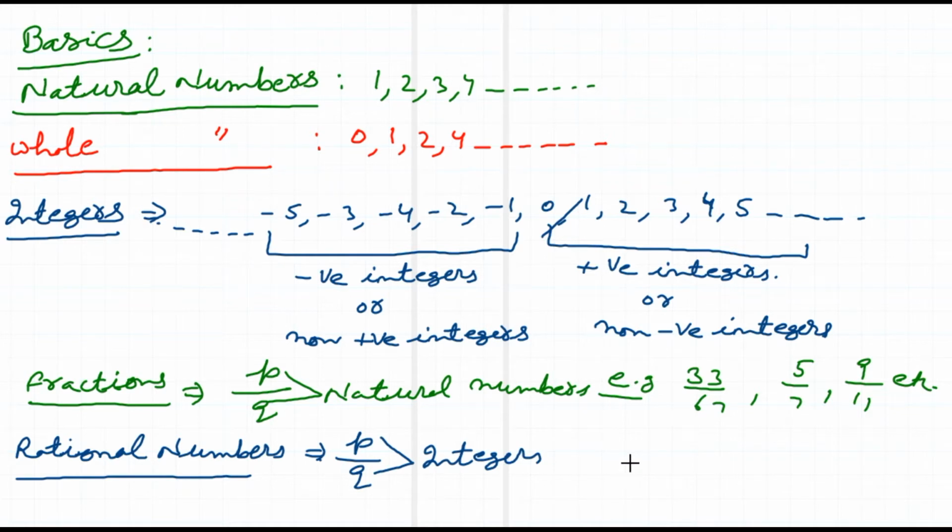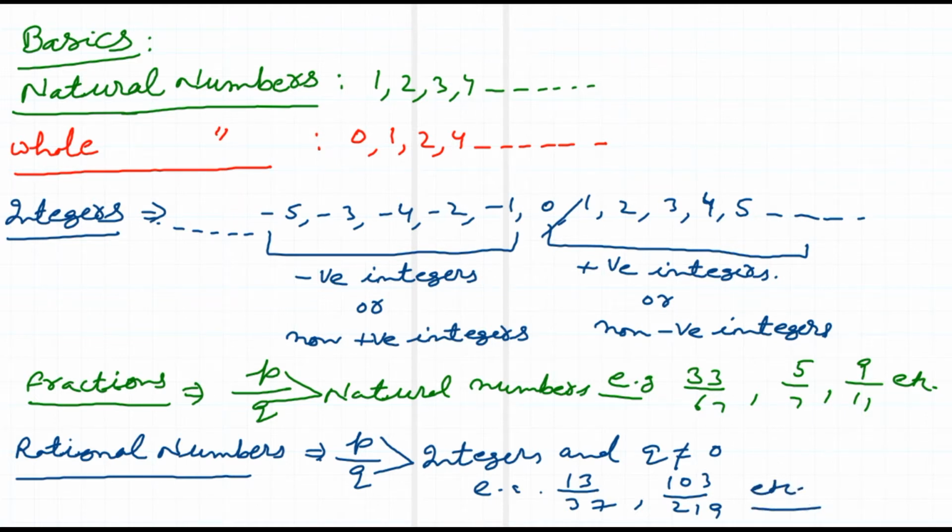The second condition is that Q is never equal to 0, so the denominator of a rational number would never be 0. For example, we can take 13 upon 37, 103 upon 219, etc. These are rational numbers.